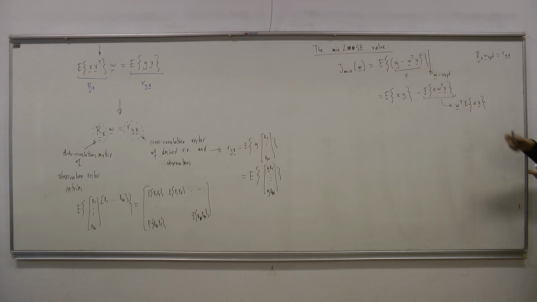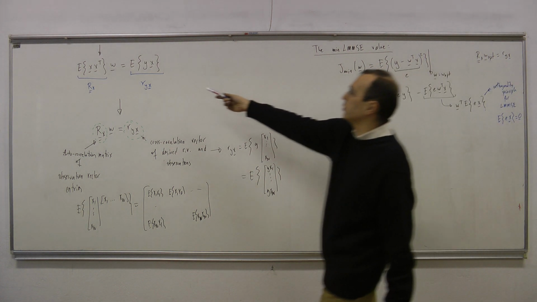This is also a vector, but as we have said, this is the orthogonality principle for linear MMSE, and we have said that expected value of the error times X is equal to the zero vector. This is actually how we derived this equation.